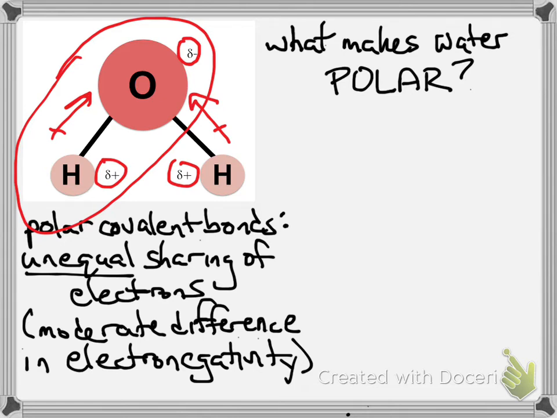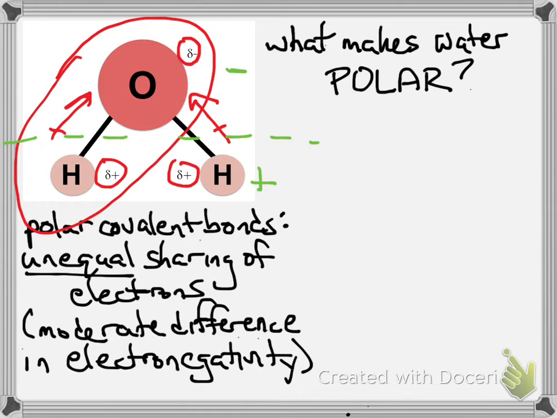And what this essentially does is it creates two different sides of the water molecule. So over here, you've got a negative side, and where you see the hydrogen, you've got a positive side. Now, these are not full positive and negative charges, so they don't behave exactly like an ionic compound, like salt would, but they do attract opposite charges, and that is a lot of what gives water its unique properties.